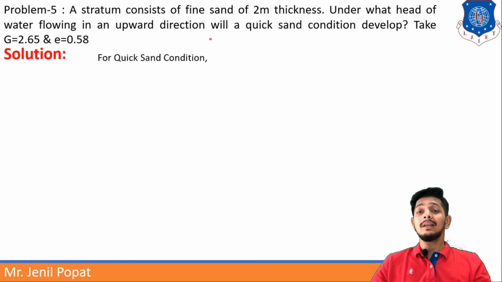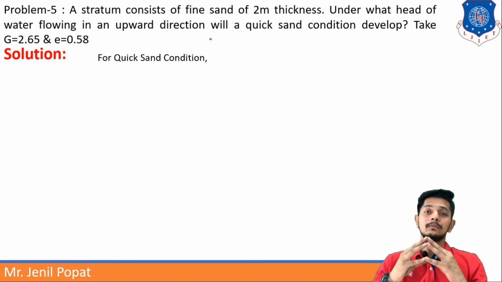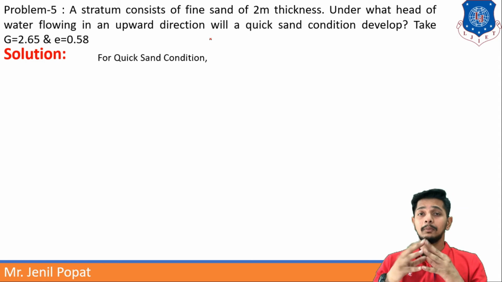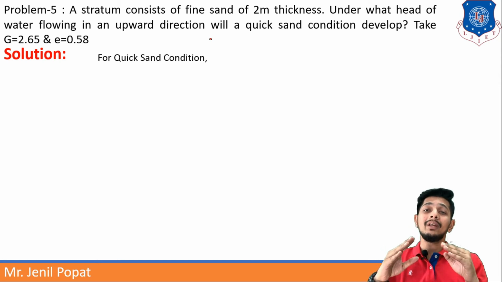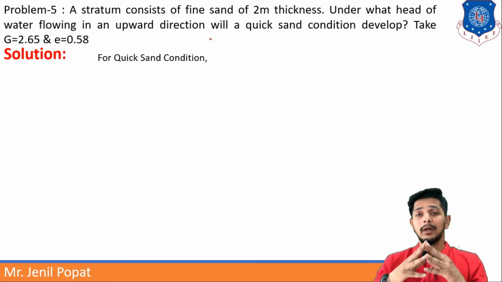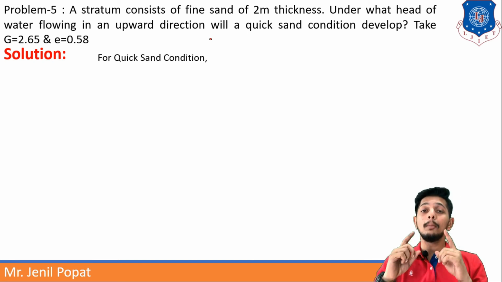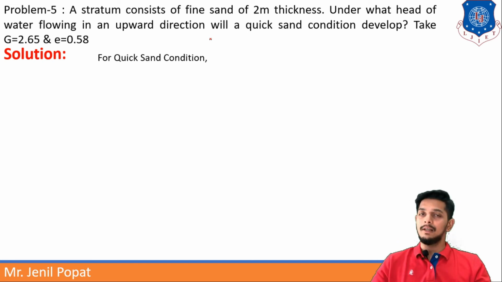Here, quicksand condition is to be asked. What is quicksand condition? Let us quickly understand, revise that. Quicksand condition is nothing but when the effective pressure gets zero and the soil starts moving upwards or the soil particles are uplifted, then the condition is sand boiling or quicksand condition.